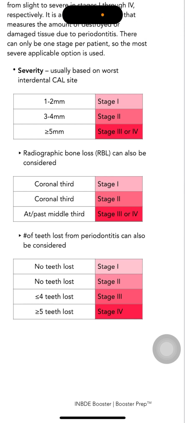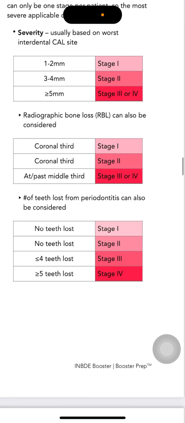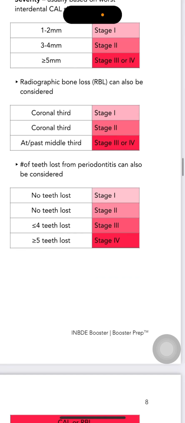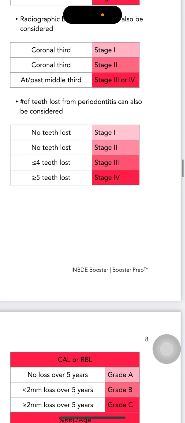Coronal third stage 1, coronal third stage 2, past middle third stage 3 or 4. Teeth lost from periodontitis can also be considered. No teeth lost stage 1, no teeth lost stage 2, smaller than 4 teeth lost stage 3, more than 5 teeth lost stage 4.